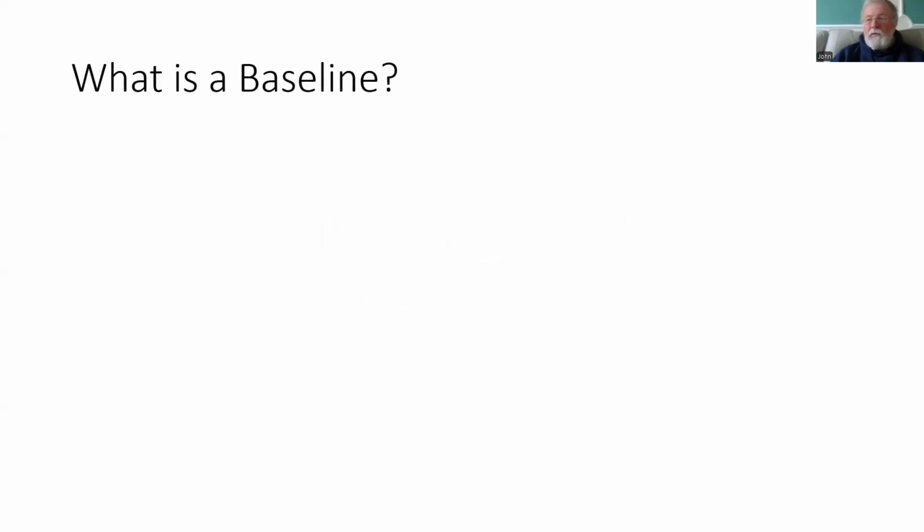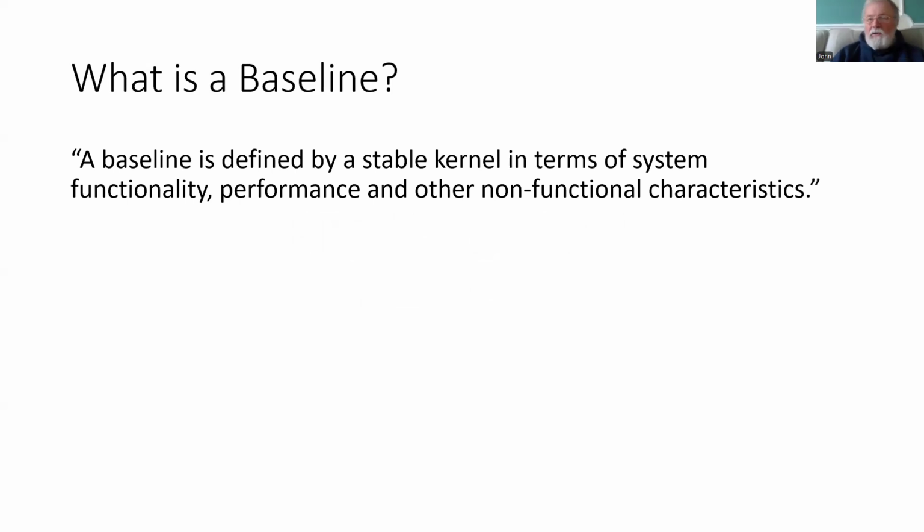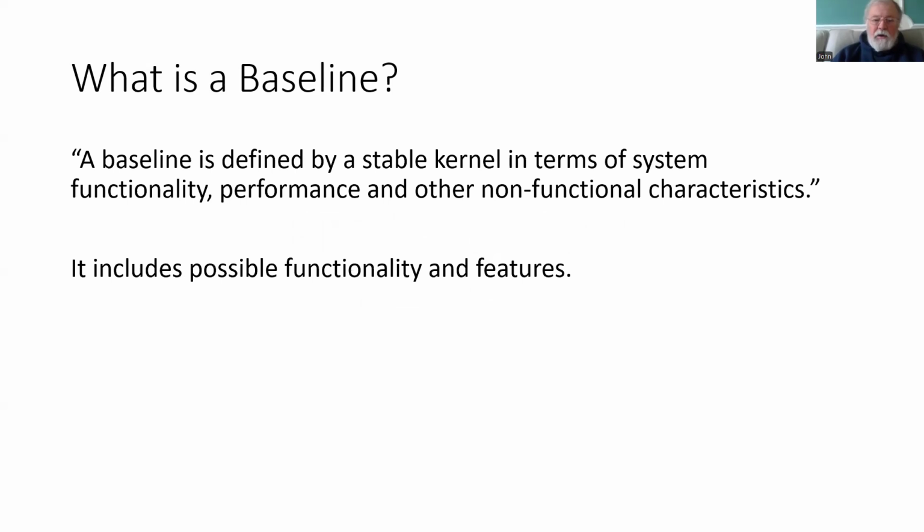Well, before we start, we need to just clarify what is a baseline. It's defined in subset 23 as a stable kernel, and that covers the system functionality, its performance, and other non-functional characteristics. One of the key things is that the functionality and features are defined within the baseline, within the subsets, and they are the ones which are possible at that baseline.